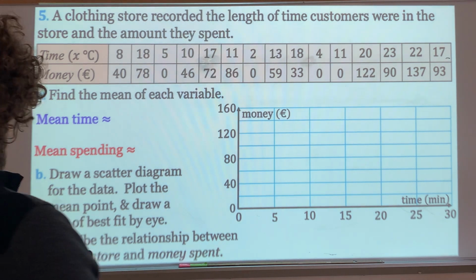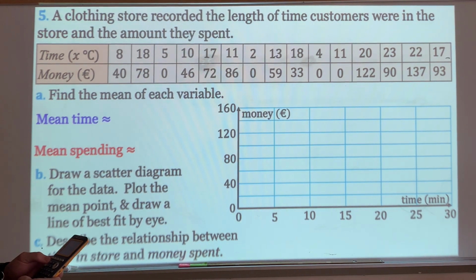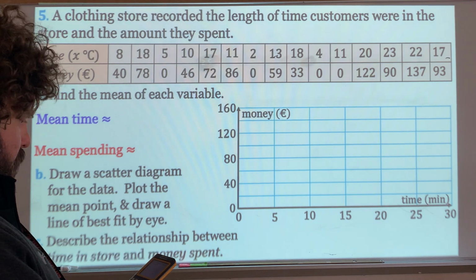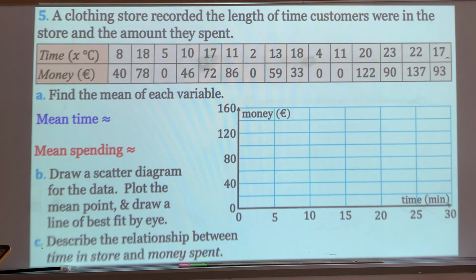Let's start typing. I'm going to go right to my list, List Edit. Actually, I'm going to clear my memory. Clear all entries, clear all lists. Stat, Edit, and start typing. 8. Oh, I put it in the wrong side. 8, 18, 5, 10, 17, 11, 2, 13, 18, 4, 11, 20, 23, 22, 17.